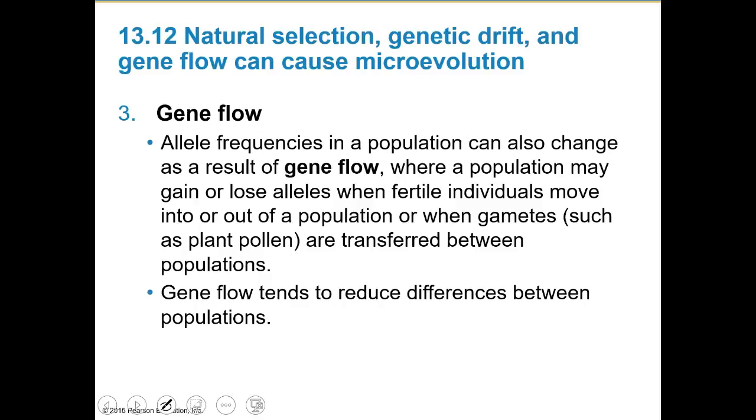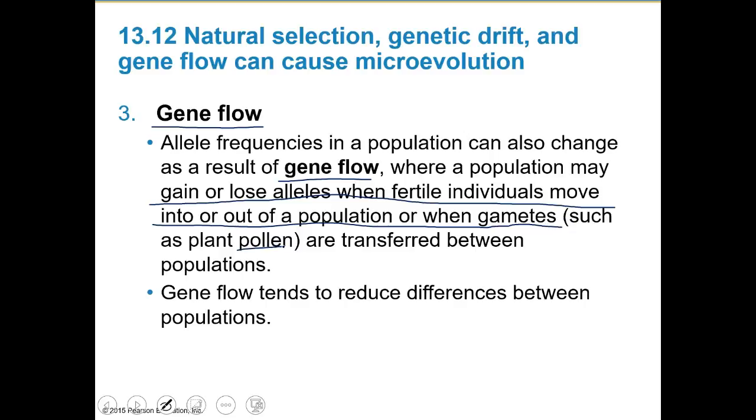Okay, so we're still on things that randomly might cause some issues. These are our microevolution mechanisms, things that are affecting the gene pool. The last one's what we call gene flow. Allele frequencies in a population can also change as a result of gene flow, where populations may gain or lose alleles when fertile individuals move in or out of the population, or gametes like pollen are transferred between populations.